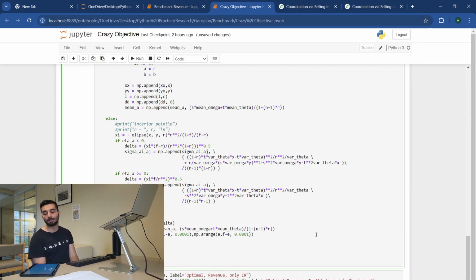And this one will be, we can say f minus, if I divide it by n minus 1 will be f minus r sigma I theta I minus t sigma theta I squared minus ft. Where is it? F. Do I have f here? I want to remove f minus r. It will be f minus r sigma I theta I, which is t var theta x, minus said f minus y.